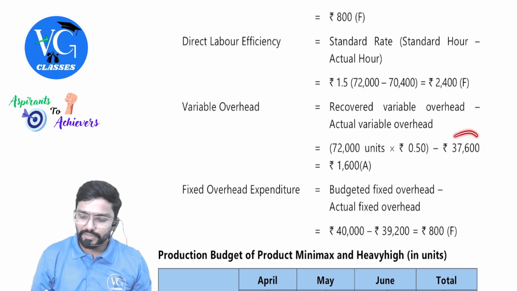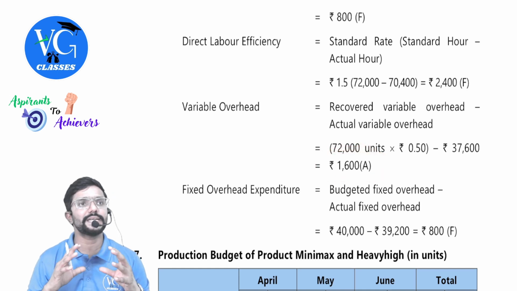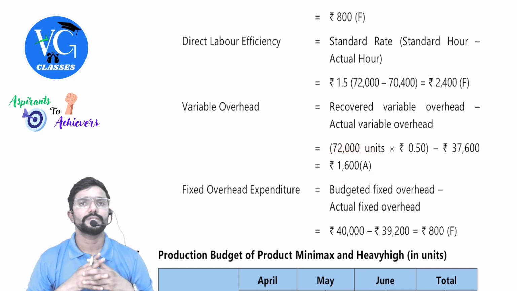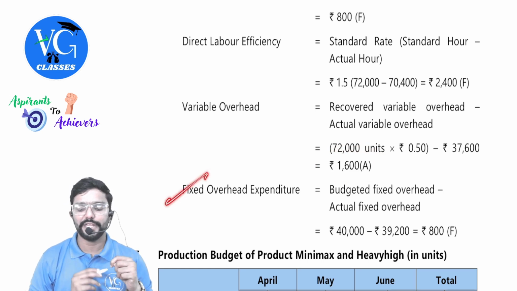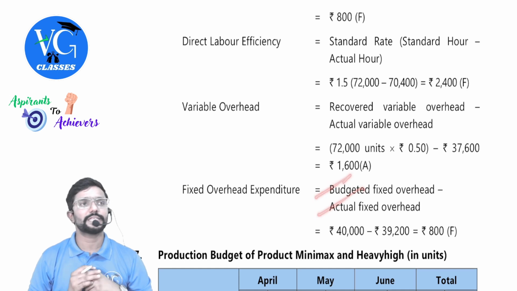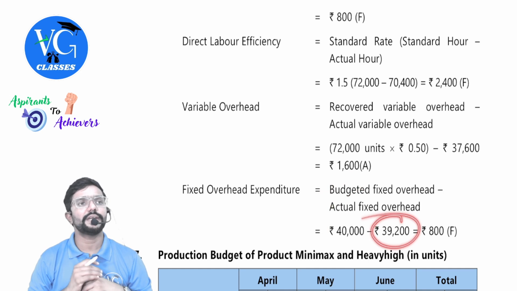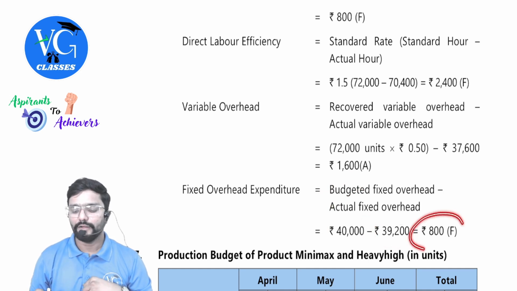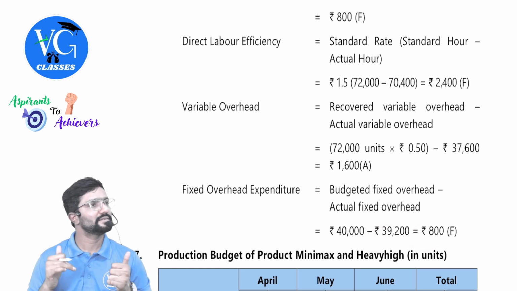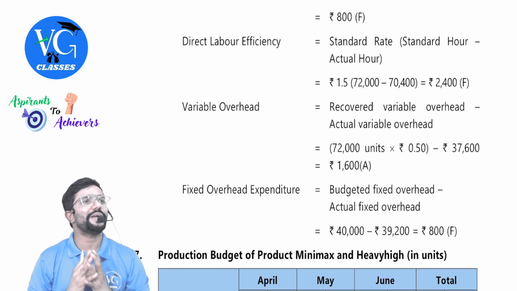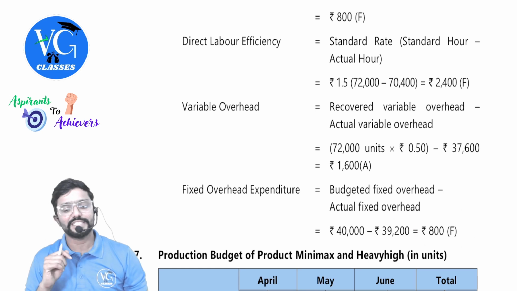Then actual, they have given in the question, 37,600, which comes to 1,600 adverse. 1,600 adverse, guys. Then fixed overhead expenditure: budgeted minus actual. Budgeted was how much, guys? 40,000. Actual is 39,200. So 800 favorable. 800 favorable. Clear? This is the complete package on budget along with variances. That is standard costing.